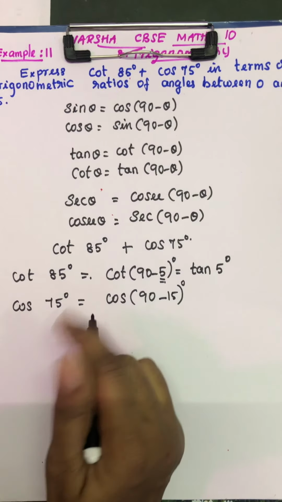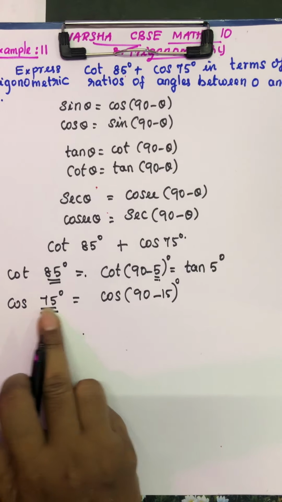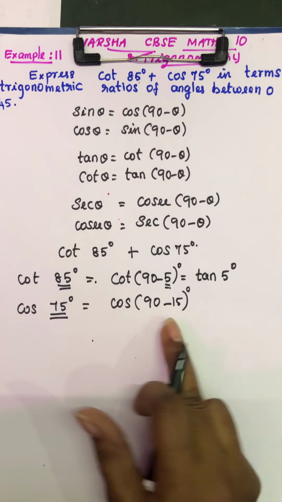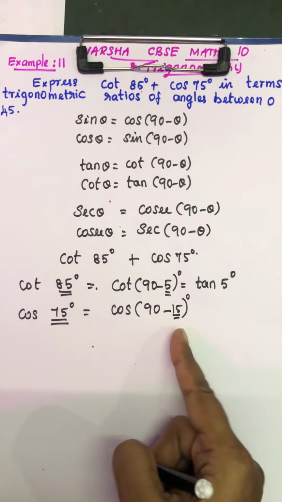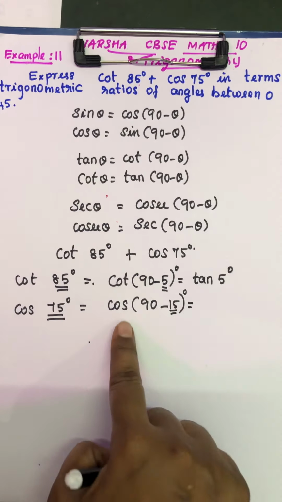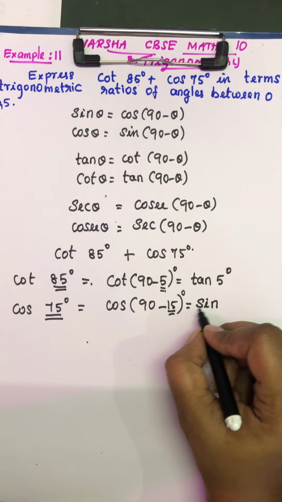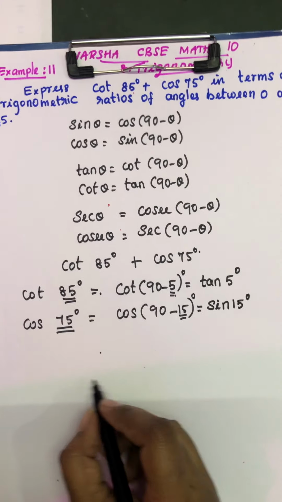You have to change for 75 degree and for 85 degree. For 75 degree, you have written 90 minus 15 degree. Okay, so this is cos 90 minus theta. Your theta is 15 degree. So cos 90 minus theta is equal to sin theta. Okay, so sin theta means sin 15 degree. See, this is your answer.